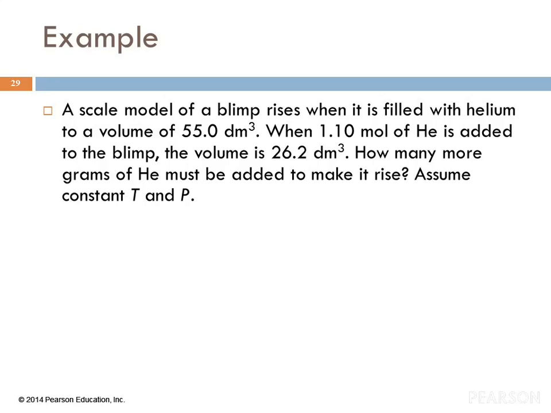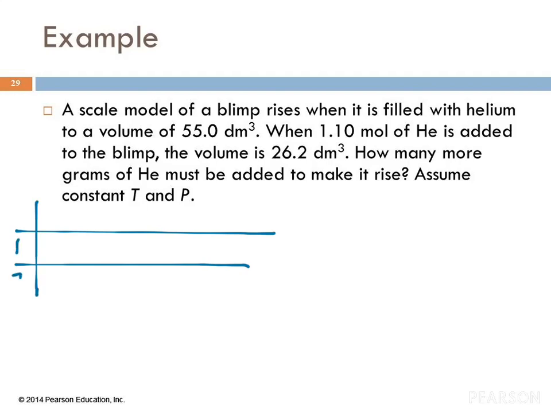So we've got a volume, and this is a funny unit. We haven't used cubic decimeters, but that's okay. It's a perfectly reasonable volume unit. And here we have a mole of helium. So let's go ahead and make a table. We have our 2 conditions, 1 and 2, and we're looking for a volume of 55 cubic decimeters.